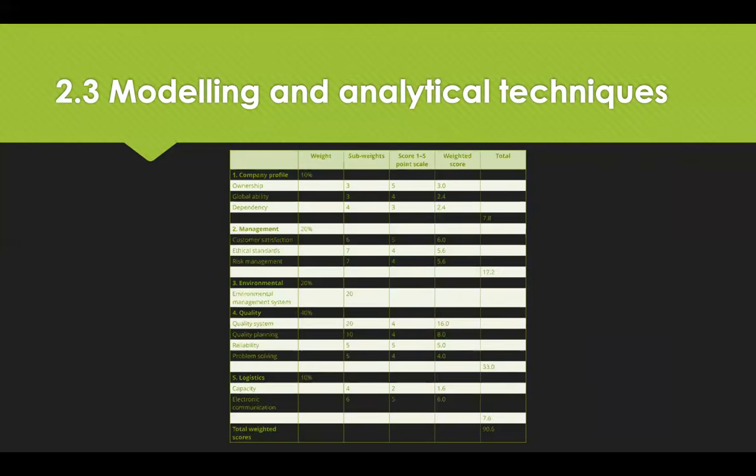So if a supplier has been asked to complete a pre-qualification questionnaire, then questions can be related to specific criteria, and the responses to these can then be scored. Clearly the ones with the highest percentage are the ones that you would proceed forward with, but some of these could be pass-fail questions as well.